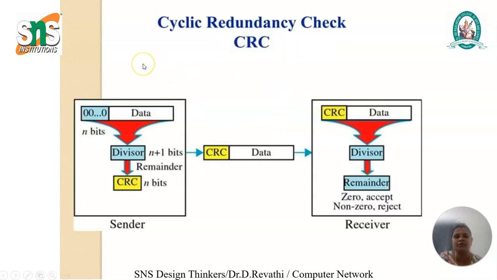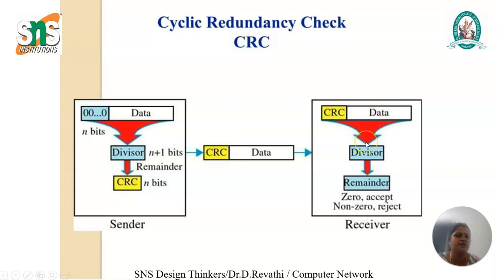Here you can see the cyclic redundancy check flow chart. The n bits of data are divided using the binary division method, and it produces the remainder. The remainder is captured as the CRC, that is n bits, and it is transferred to the receiver along with the data.